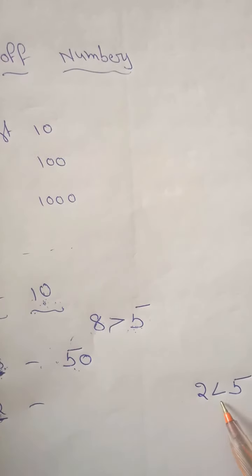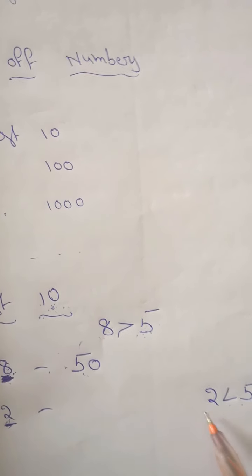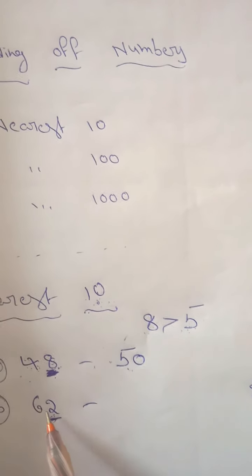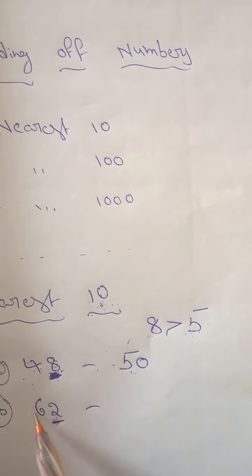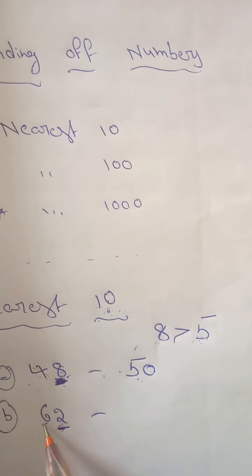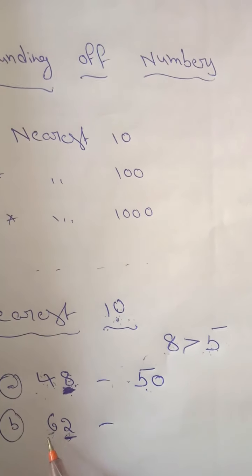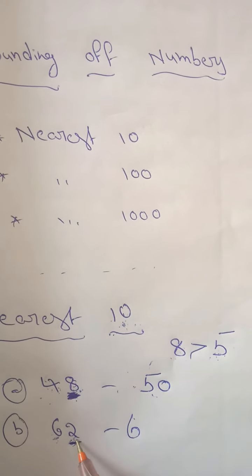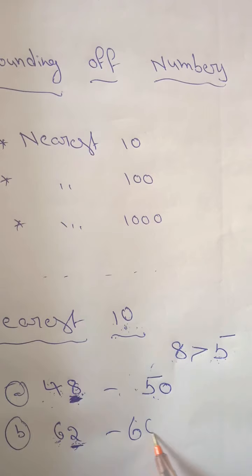Now 2 is compared with 5. 2 is less than 5, smaller than 5. So the next digit, here 6, does not change. We write it as it is, 6, and the ones place digit becomes 0. So 60.